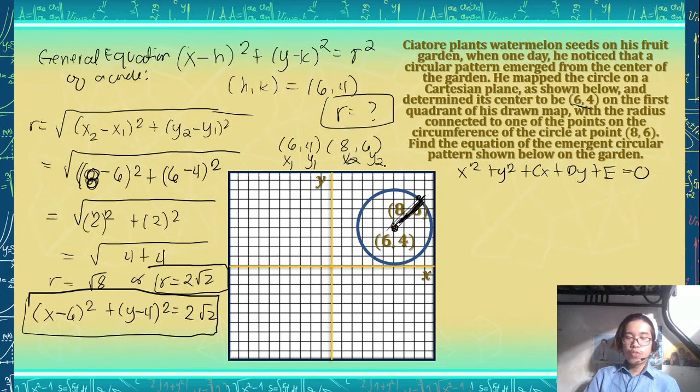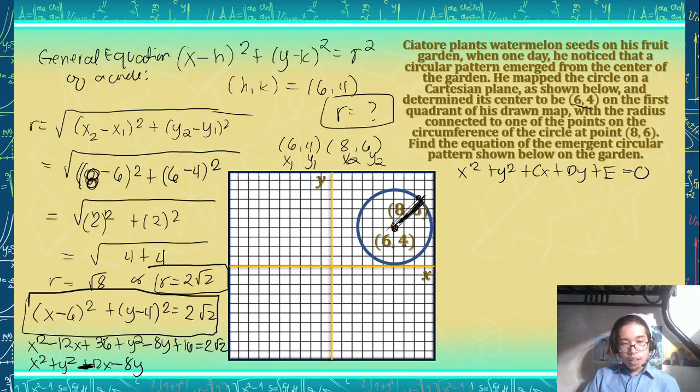We can find it if we evaluate our given equation here. This gives us x² − 12x + 36 plus y² − 8y + 16 equals 2√2. If we combine like terms, that's x² + y² − 12x − 8y. And what's 36 plus 16, guys? That should give you 52. So 52 minus 2√2, and all of that should give us 0.